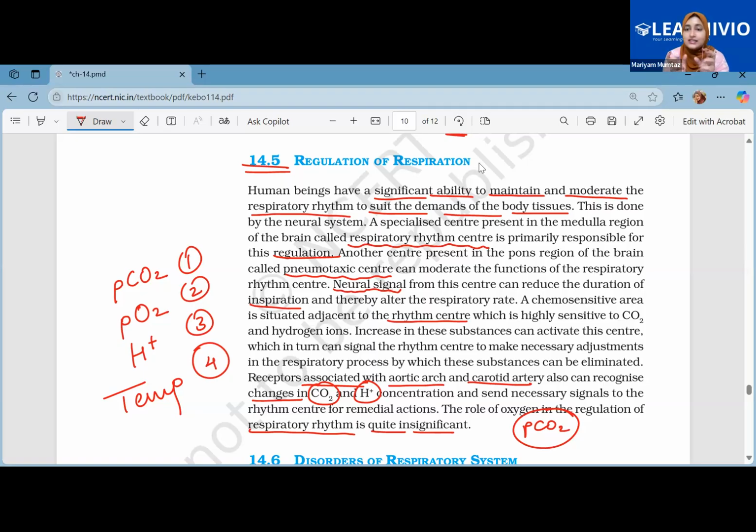So this is like a sensitive area. That's what the respiratory rhythm center is doing, right? Both of them are doing. Respiratory rhythm center is present in the medulla. Pneumotaxic center is present in the pons. Both are present in the hind brain. Clear?